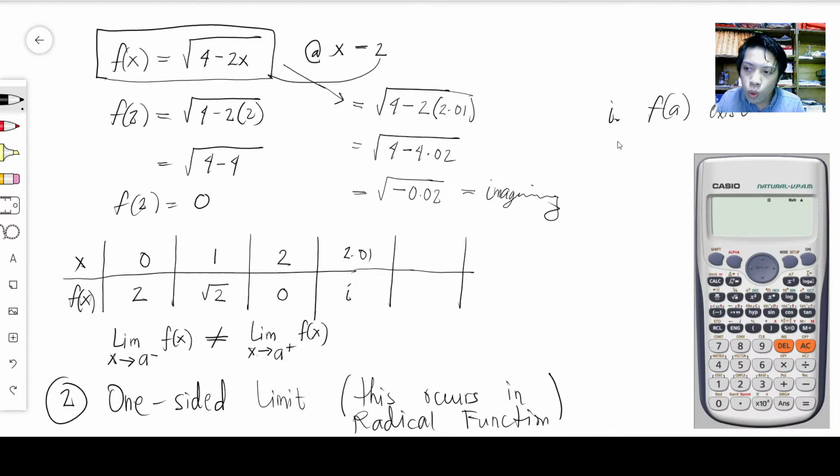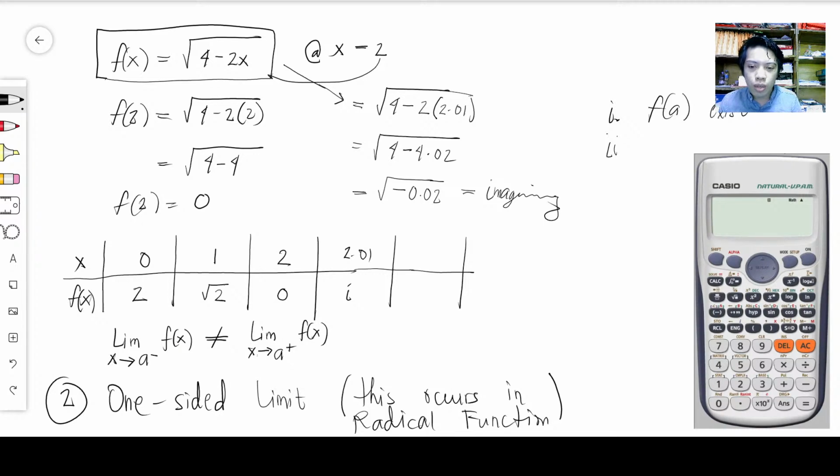Okay, so we will create another criteria where we can see that a certain function is continuous. So another criteria would be that is when the limit of f of x from the left is equal to the limit of f of x from the right. Okay, so that is that the left hand limit and the right hand limit are equal. So kung equal nga ni hira, ibig sabihin continuous.